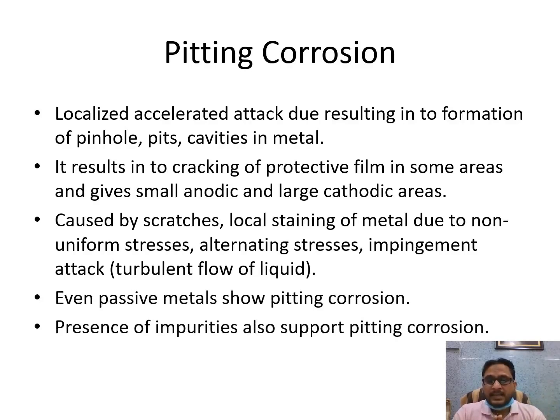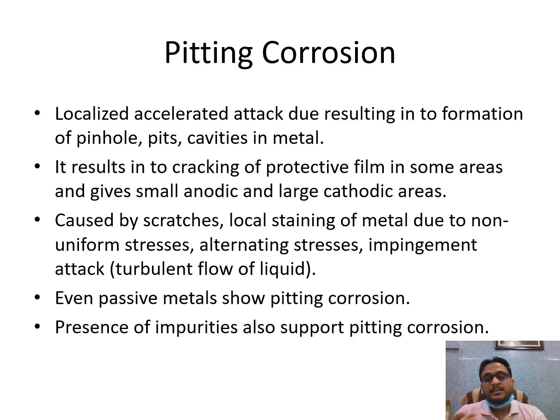Even metals that are passive due to passivation, I told you that in passivation there is a formation of a very thin and transparent film that is almost invisible to the eye. That very thin and transparent layer restricts further corrosion. And passivation is not a permanent phenomenon.